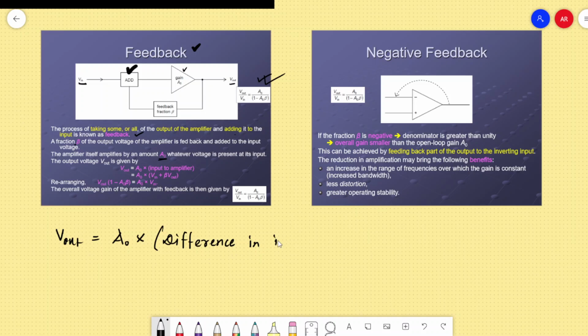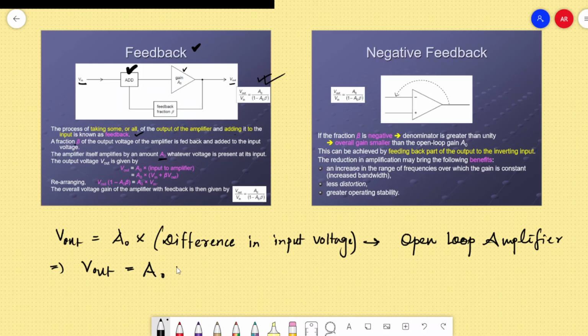We saw this for the open loop voltage gain, or open loop amplifier. The output voltage is A naught times V plus minus V minus, that is, the difference between the input voltages. This was for the open loop amplifier.